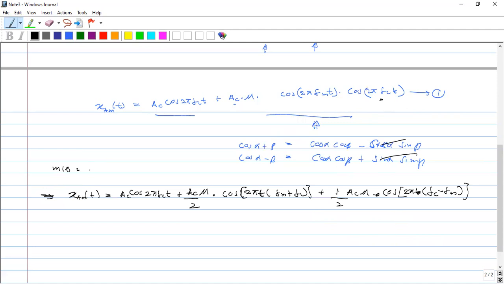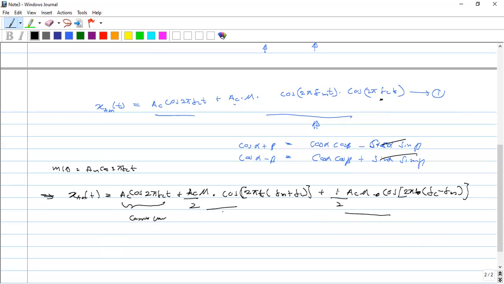So you can see that if the information signal, the baseband signal, is a sinusoidal signal, then for the AM cos 2π fc t carrier you will get two sidebands. This is the carrier part, the carrier waveform.